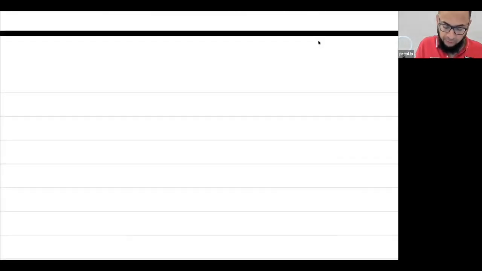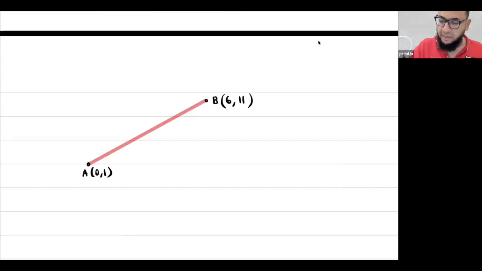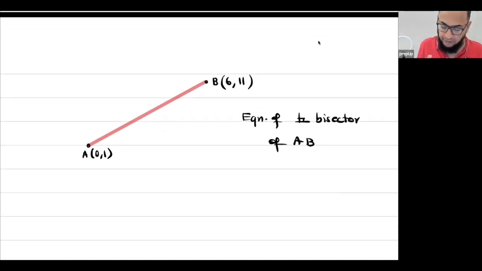Let's say this is a point A, 0, 1, and this is a point B, and let me choose 6, 11. I'm interested in finding the equation of the perpendicular bisector of AB.